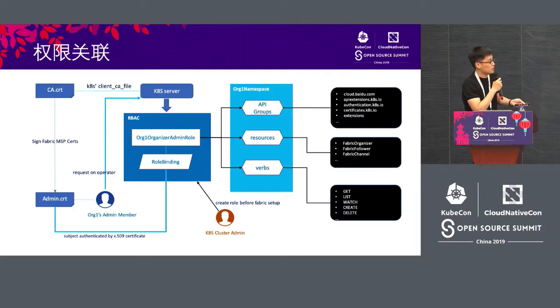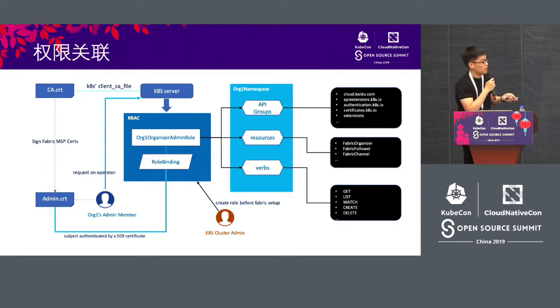And then the second is to bind the IDs or the certificates. Kubernetes recognizes the certificate, so you need to put it in sequence to correspond to the Fabric, because Fabric has a similar certificate.